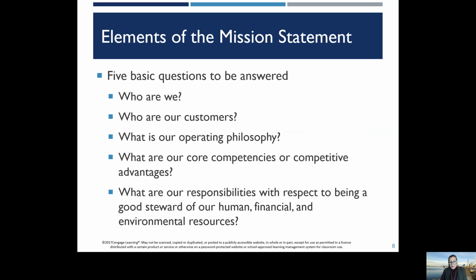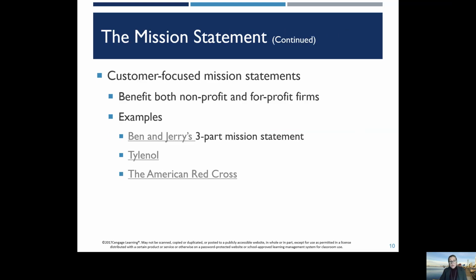And what are our responsibilities with regards to, for example, the environment? So mission statements are customer focused, and you can look at Tylenol's mission statement, for example, to see how they've evolved over time, but essentially they see themselves as leading over-the-counter pharmaceuticals for pain relief, right?